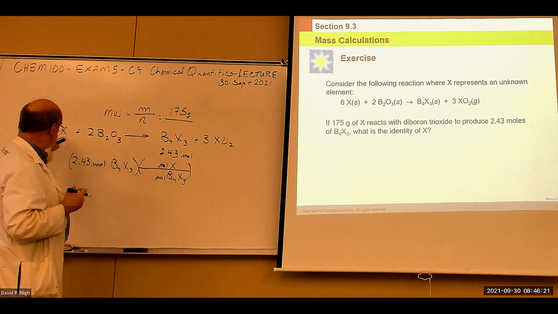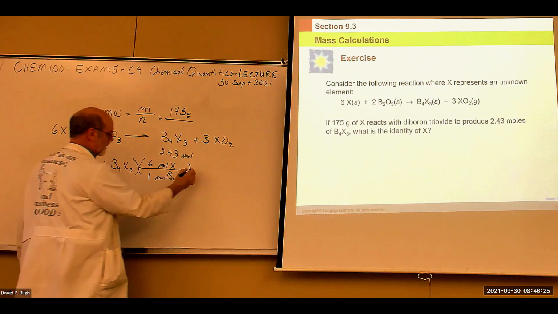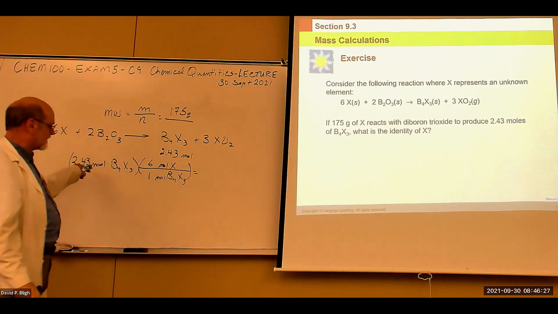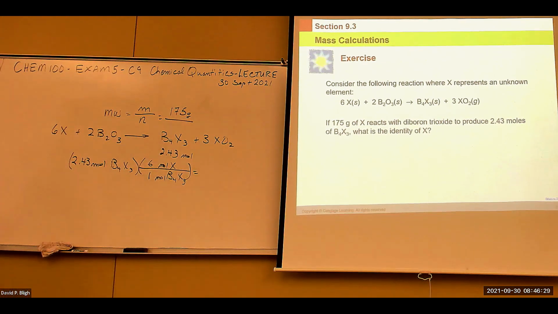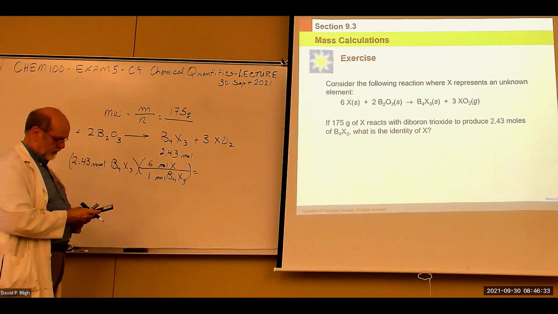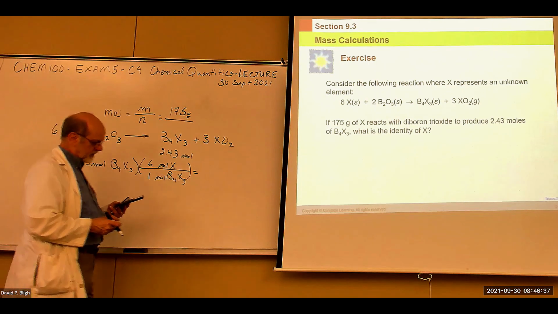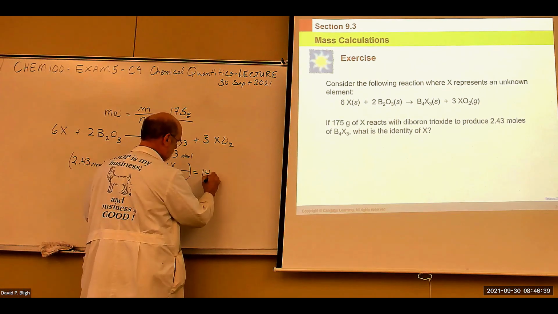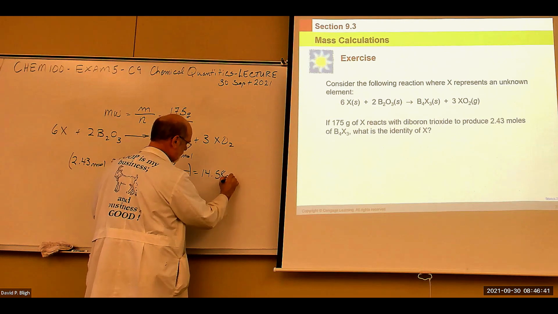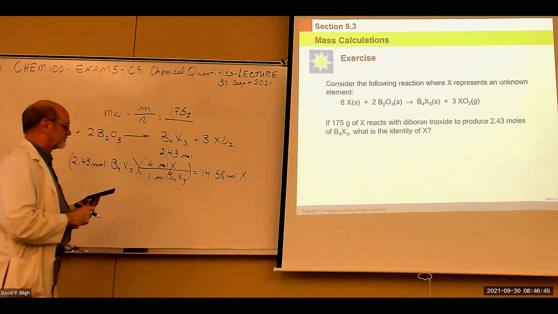There's one of those and 6 of these. 1 here, 6 there. So 6 times this, I'm going to use my calculator so I don't make a mistake. 2.43 times 6 is 14.58 moles of X.